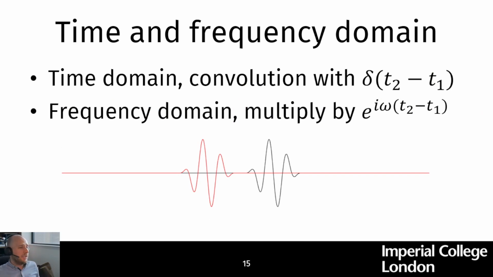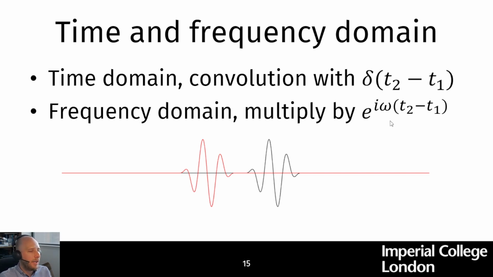I will briefly mention the time domain and frequency domain, but I won't go into too many details about the consequences. So far, everything I've shown has been effectively in the time domain, where we time shift signals or pick particular values at particular times. Effectively, that corresponds to a convolution with a delta function. So shifting means you can convolve with a delta function in order to shift a signal.